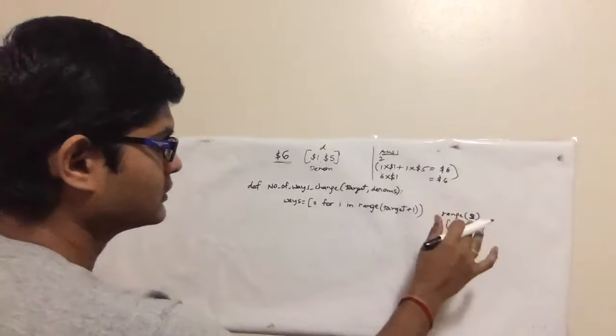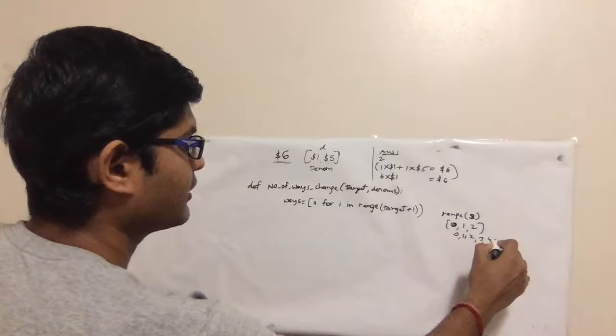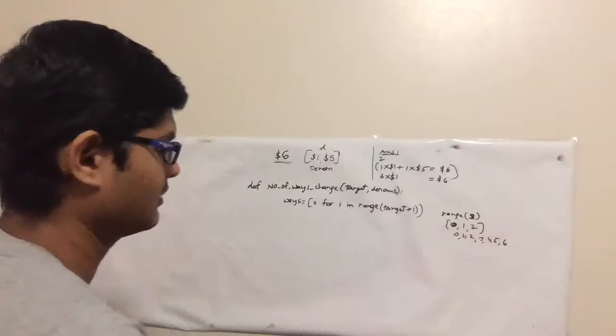So if you want to create up to 0, 1, 2, 3, 4, 5, 6, we need to give the target plus 1.